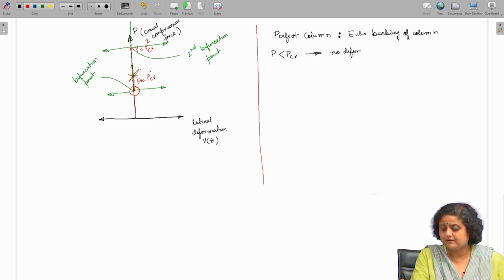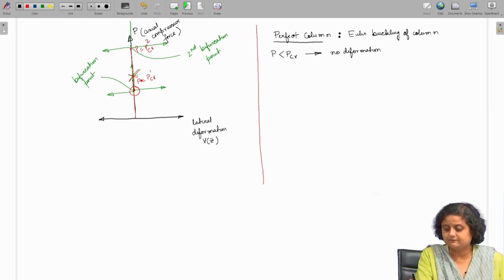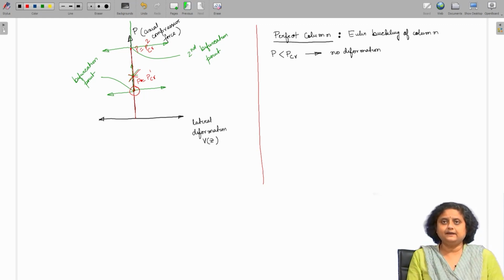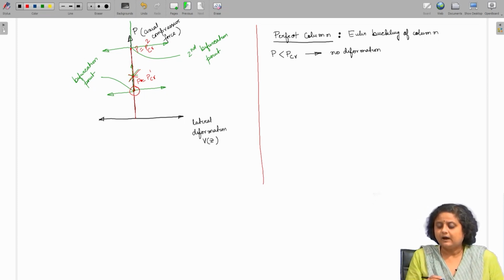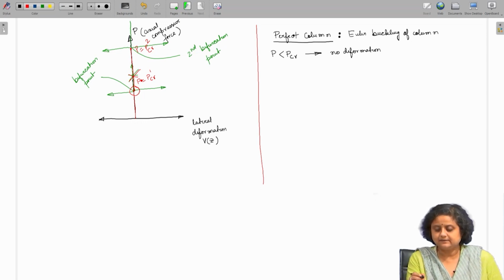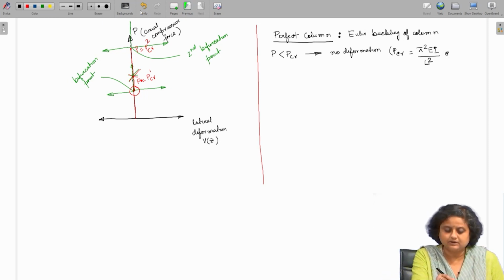This is only if we have a perfect column, we have to keep that in mind. It is a perfect column, and in reality you really do not get to see a perfect column. It is near impossible. Now, till P is less than P critical, where P critical is pi square E I by L square for a pin-pin column.